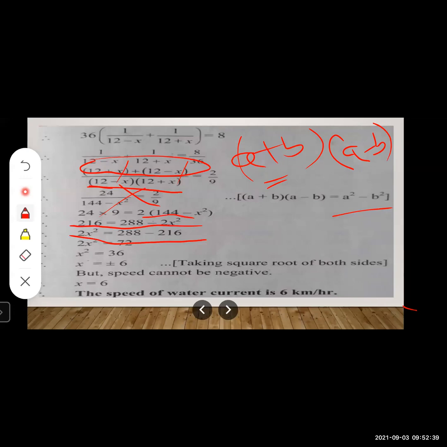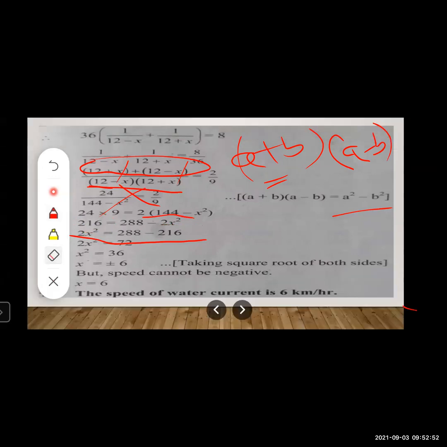When you shift minus 2x square to the other side, you will get 2x square is equal to 288 minus 216. 216, when shifted to the other side, becomes minus, right? So 2x square is equal to 72. See, 288 minus 216 becomes 72. When 2 goes to the other side, you will get 36.